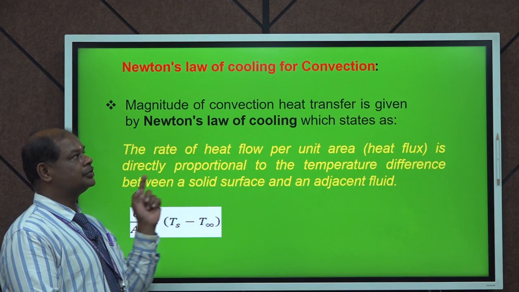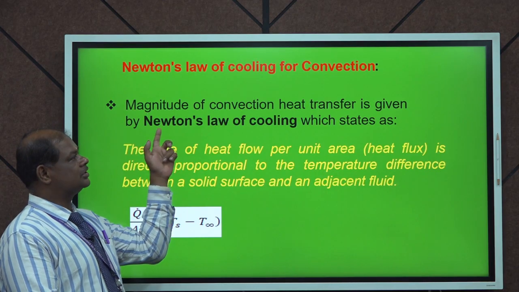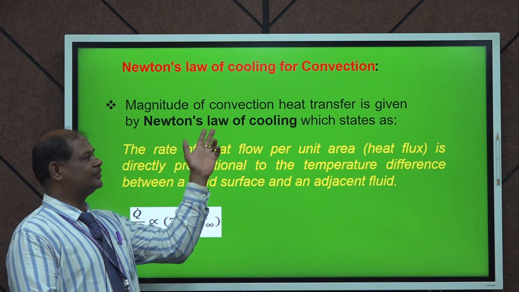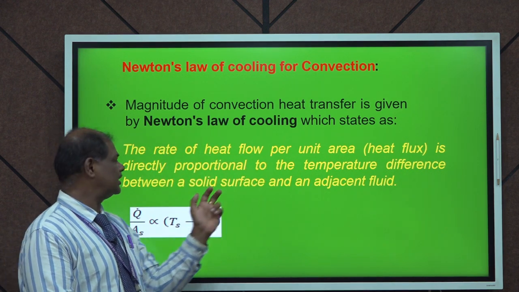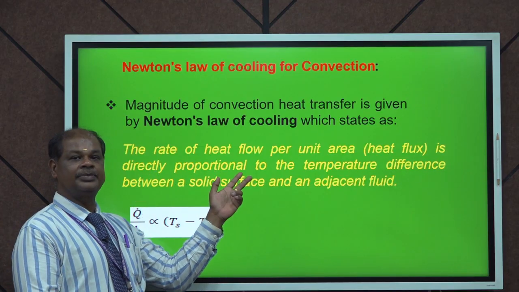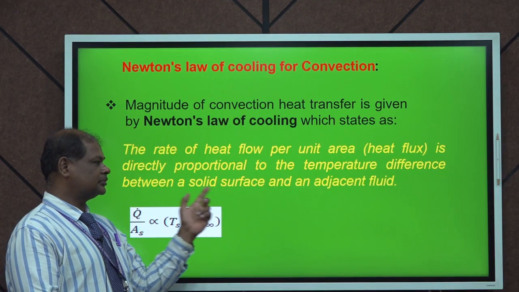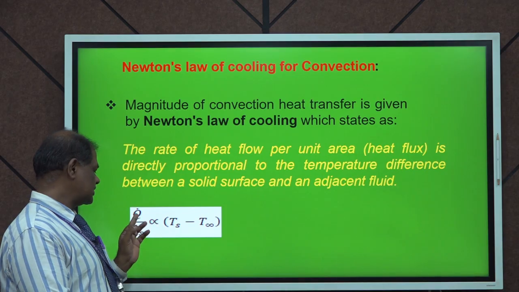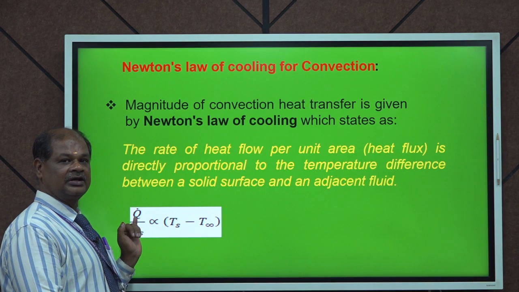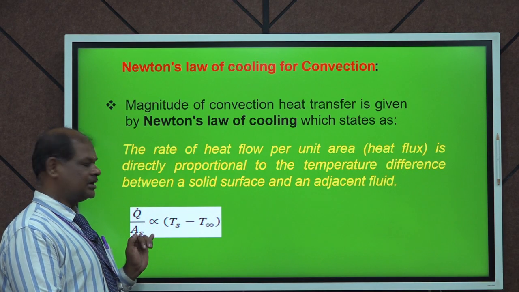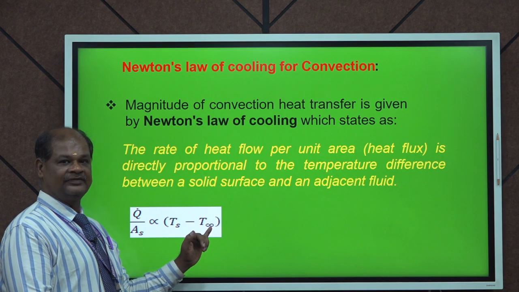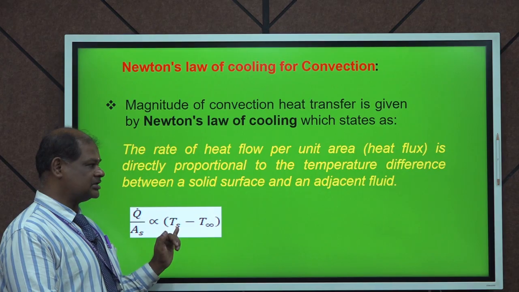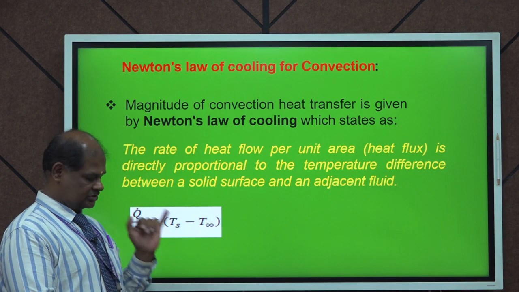Next one is Newton's law of cooling. The rate of heat flow per unit area is directly proportional to the temperature difference between the system and the surrounding. That is, Q by A, where Q is the rate of heat transfer and A is the area, is directly proportional to the difference in temperature Ts minus T infinity, where Ts is the solid surface and T infinity is the surrounding.